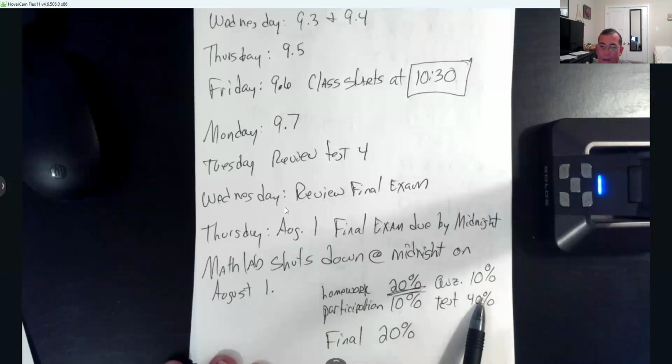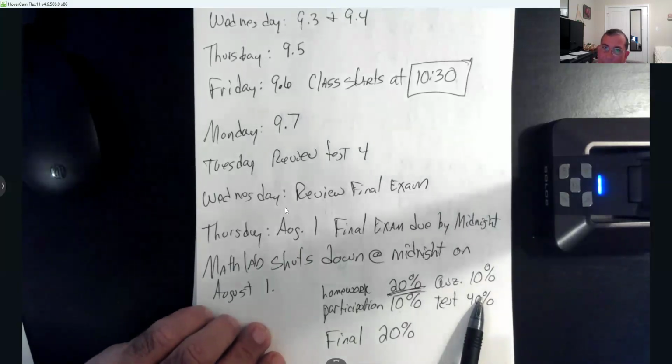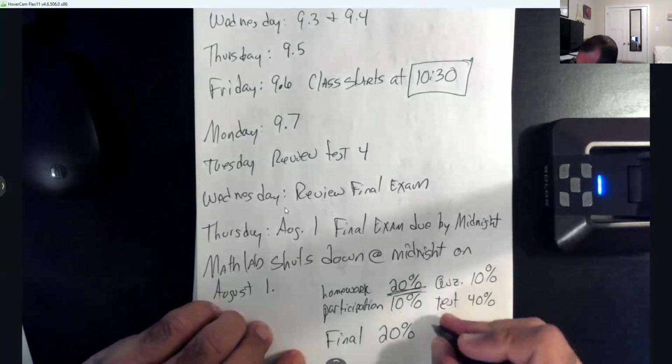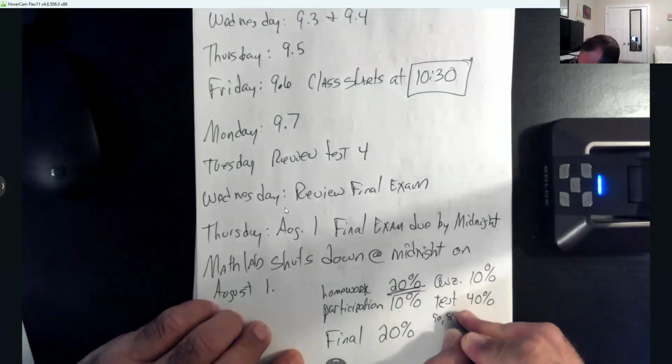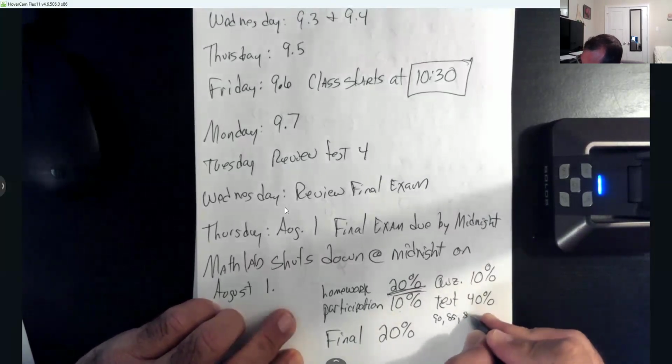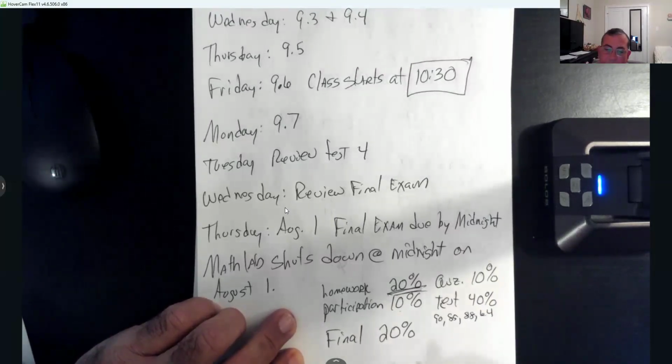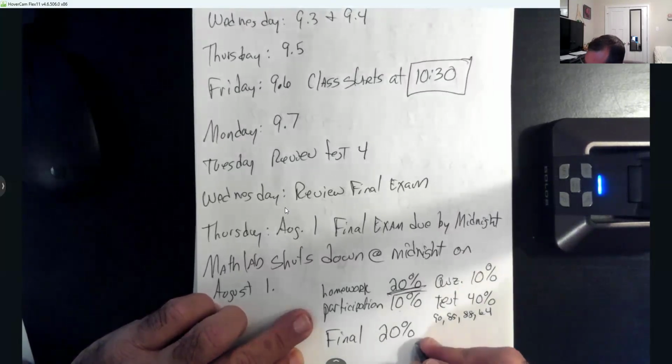On the testing, there's 4 tests. So the one we'll review tomorrow, and then the one from next Monday. Of those 4 tests, if you bomb one of them, say you made a 90, 85, an 88, and then you made a 64. So here's what I'll do. You come in on my final and you made, say, a 94.